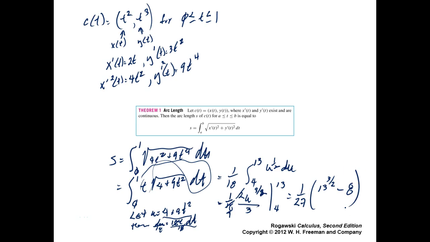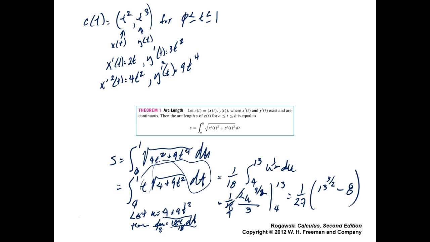I can find, yeah, here we go. 1/27, 13 to the 3/2 power minus 8. They left the 4 to the 3 halves power in there, but if you've got your calculator, 13 to the 3 halves power.